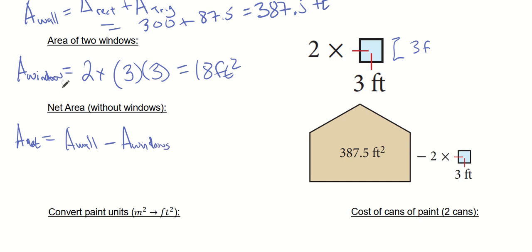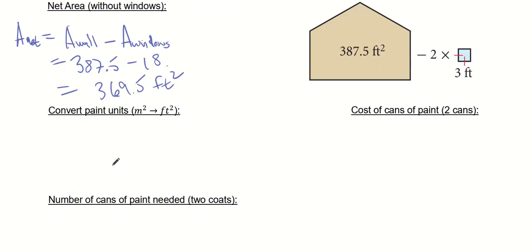That will be 387.5 minus 18, and that should give me 369.5 feet squared. So now we have the net, and here's a diagram showing what's happening.